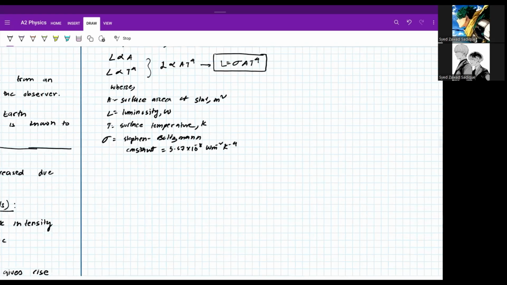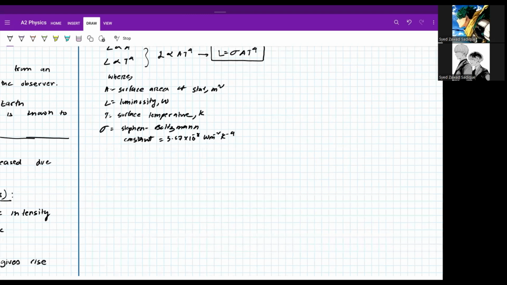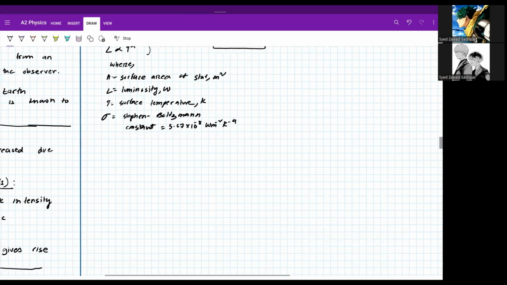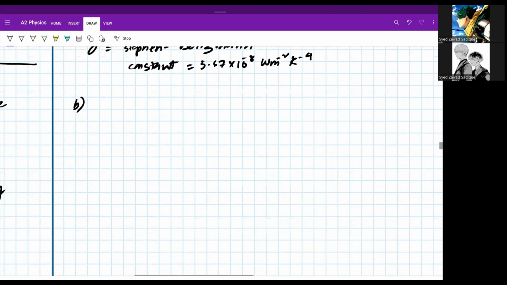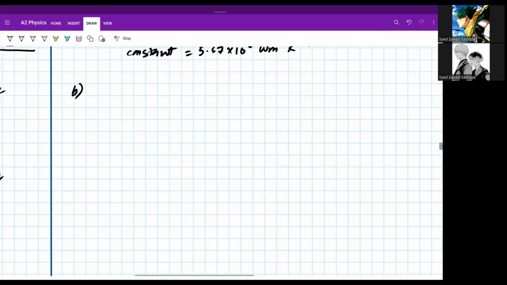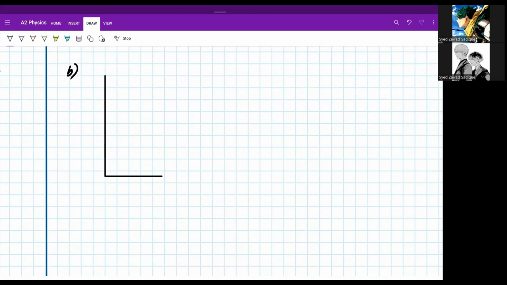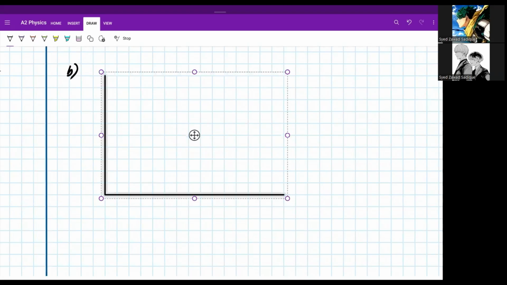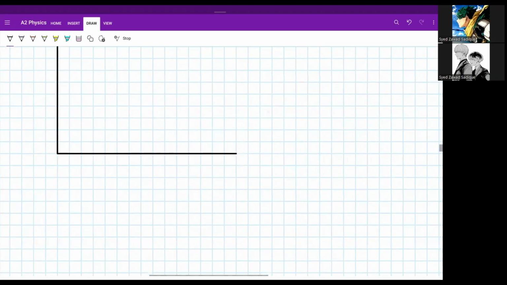Next, B is we draw a graph. So this is luminosity in watt, temperature in Kelvin.